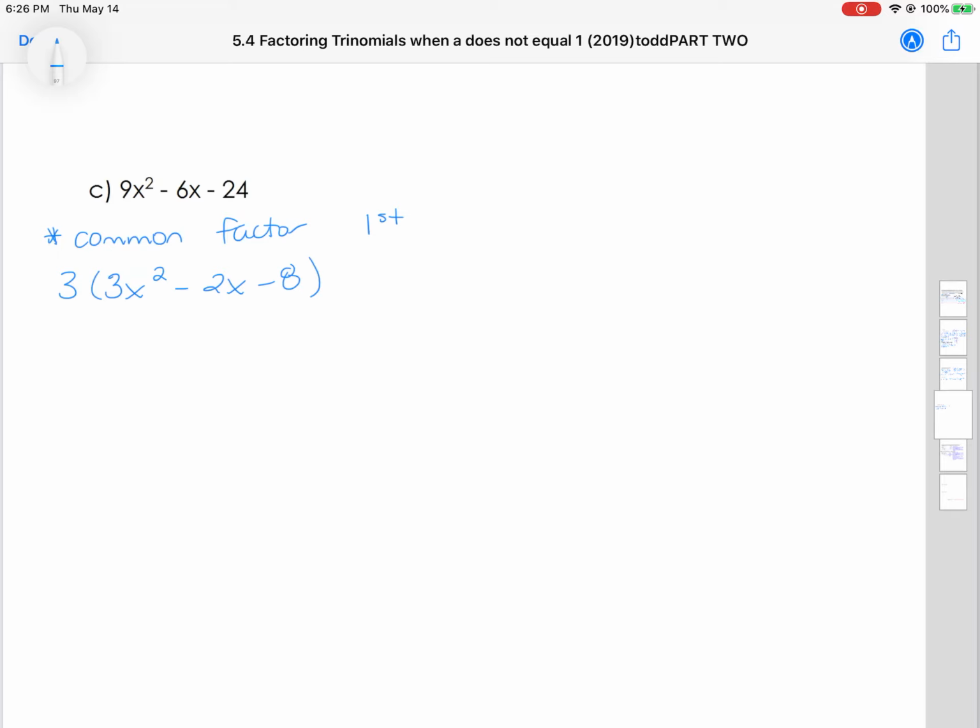Okay, so again, the same thing. We're just going to factor the inside. So now our number's easier because the only multiples of 3 is 3 and 1. So those have to be what's in our brackets. And then we want two numbers that add to negative 2 and multiply to give 3 times negative 8, which is negative 24.